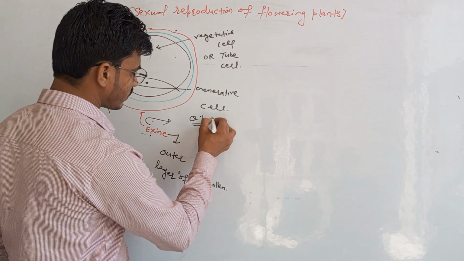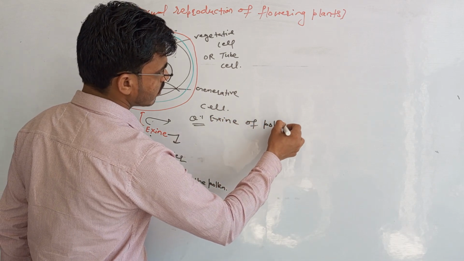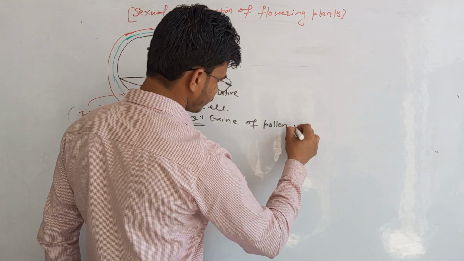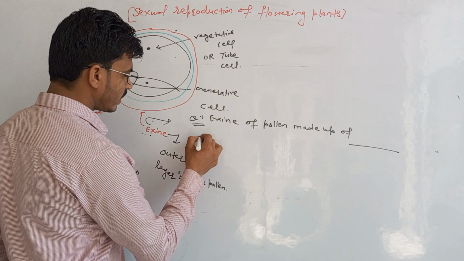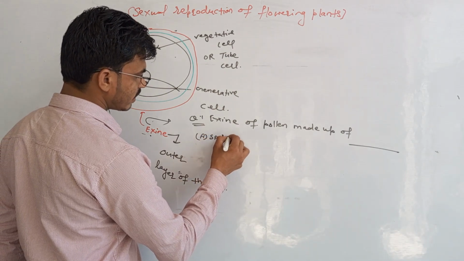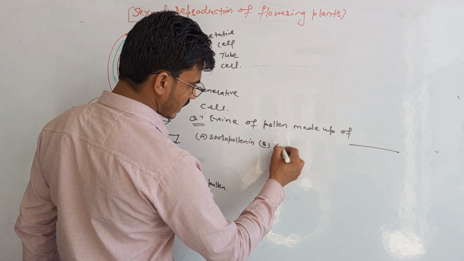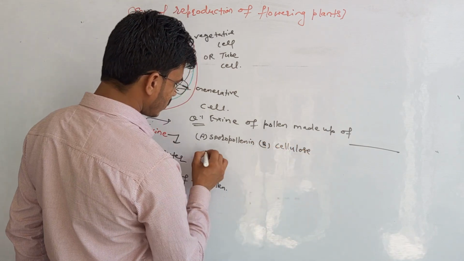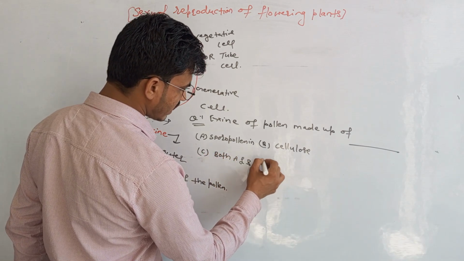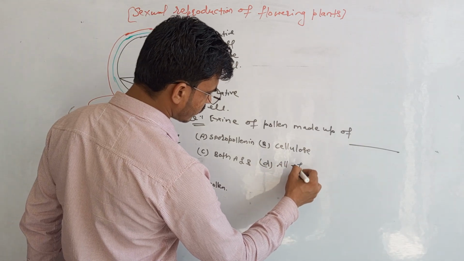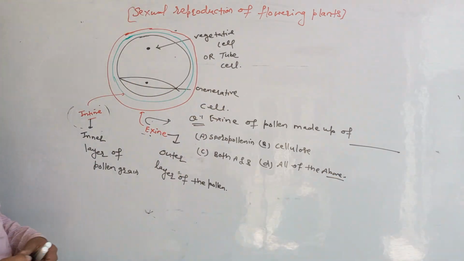Sometimes an examiner may ask such a question. Option A will be sporopollenin. Option B may be cellulose. Option C, both A and B, and option D, all of the above. What will be the right one?